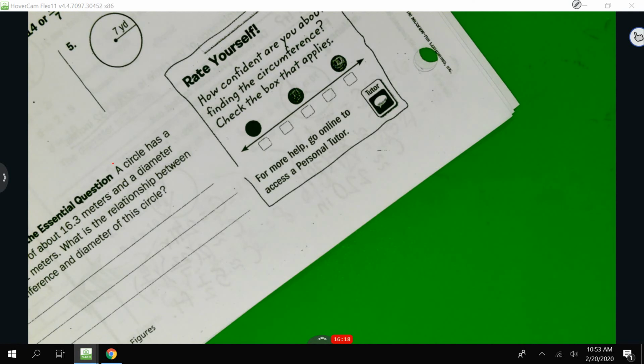You done? Still working? Okay, what'd you get for number 1? You're finding the radius. So radius is the diameter divided by 2. So that should be 1.5.